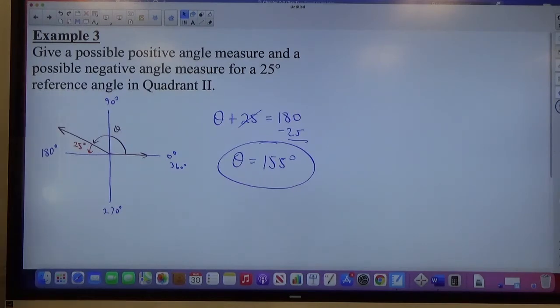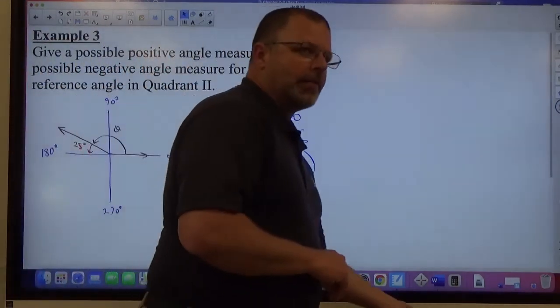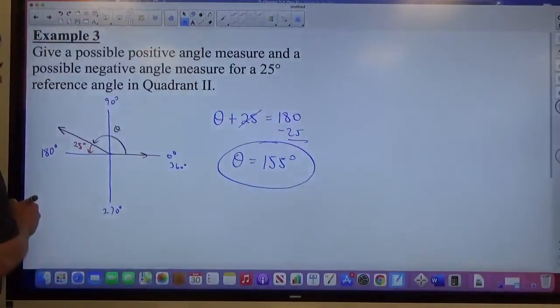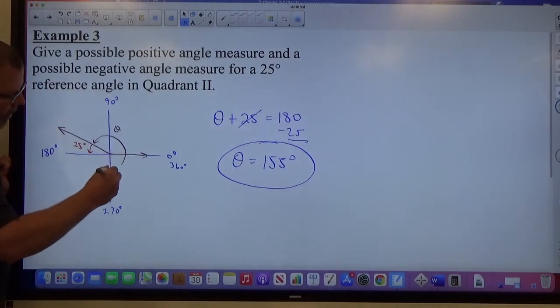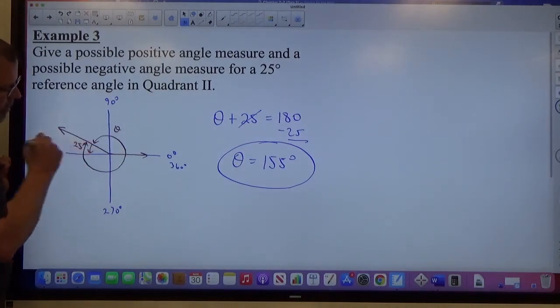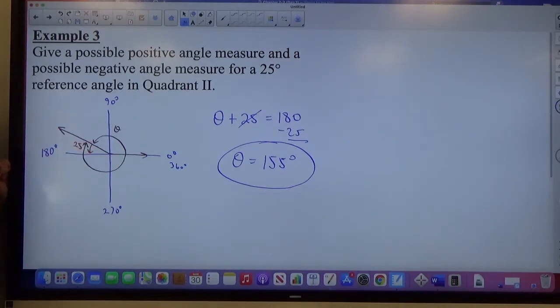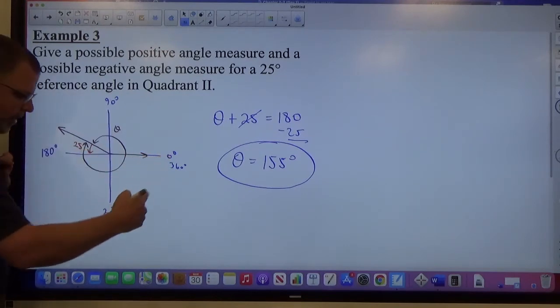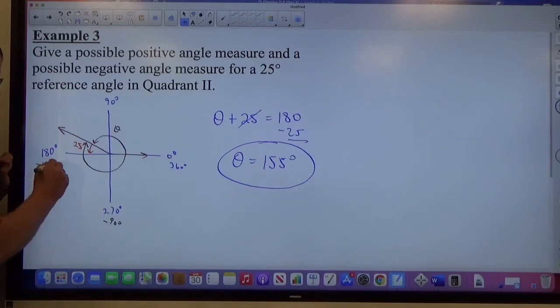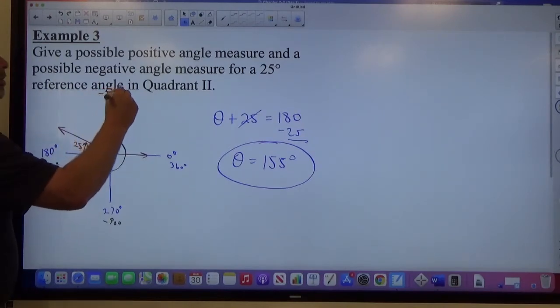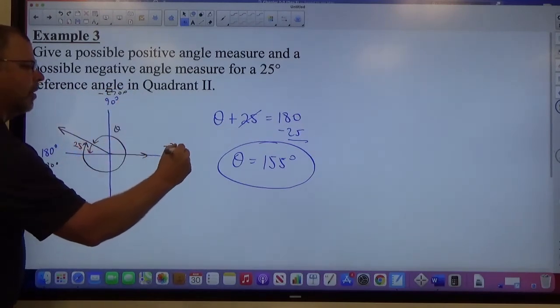Okay. Now if we want to find the possible negative angle measure, the negative angle is being measured from here clockwise around there. This is 0 degrees, this is negative 90 degrees, this is negative 180 degrees, this is negative 270 degrees, this is negative 360 degrees.